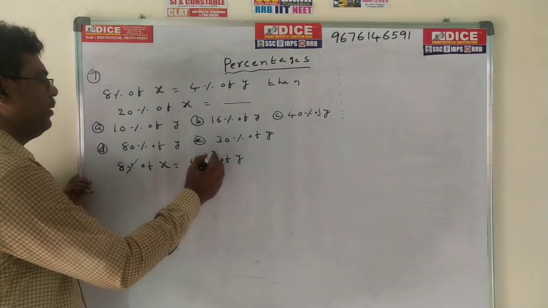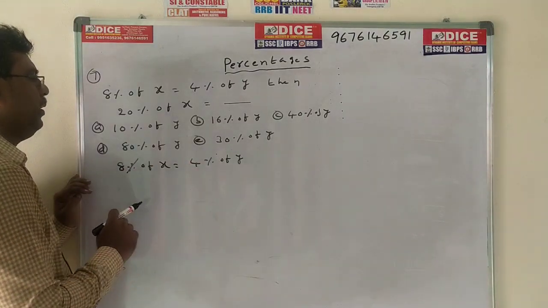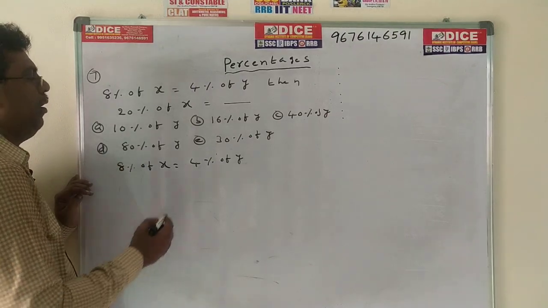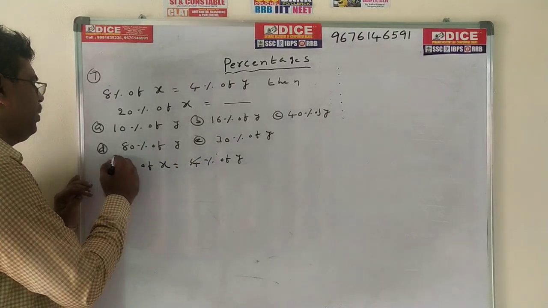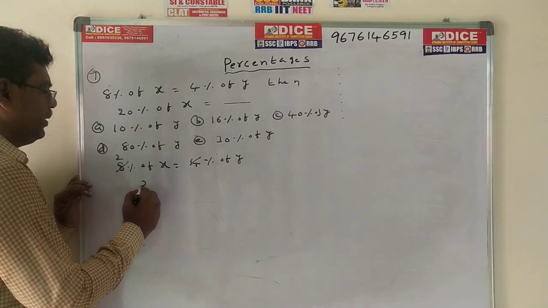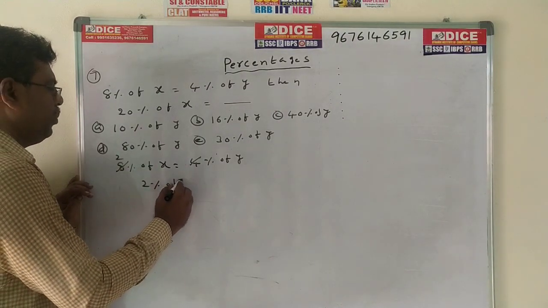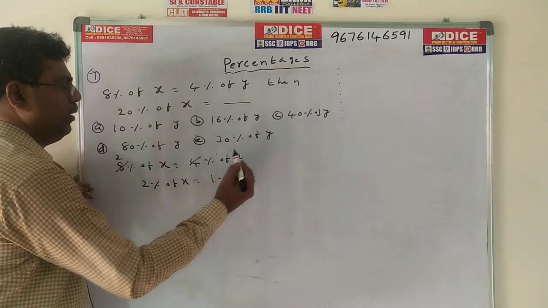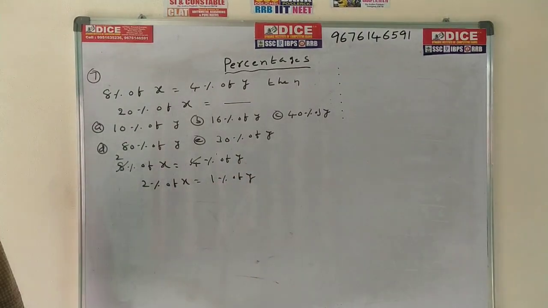Percent cancel. 4 ones are 4, 4 twos are 8. So it becomes 2% of x is equal to 1% of y.